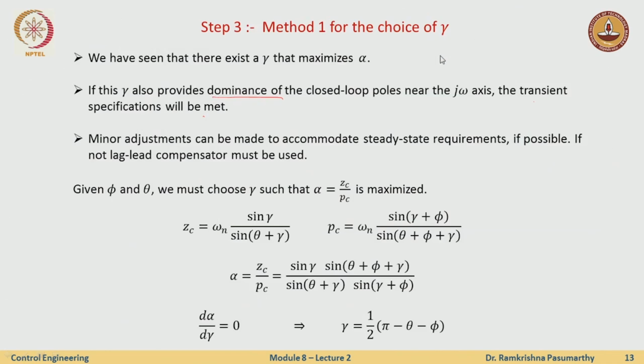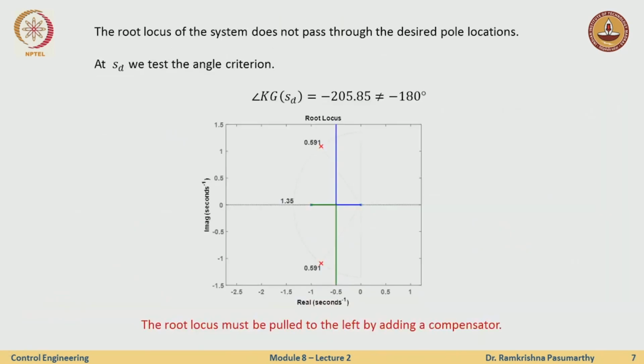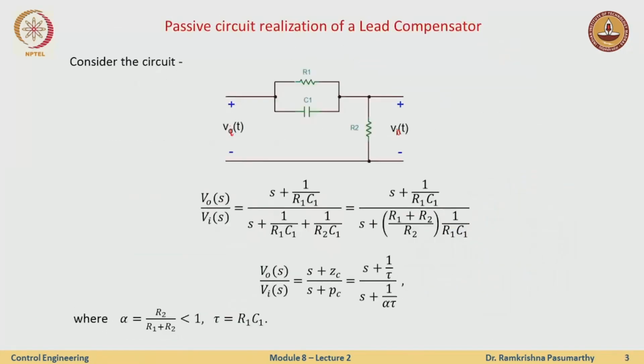Okay, so now gamma was the variable. In this expression for Zc and Pc, gamma was unknown, and alpha is related to Zc and Pc from the construction of the compensator. Let's go back to that slide and see how Zc and Pc are related via alpha.